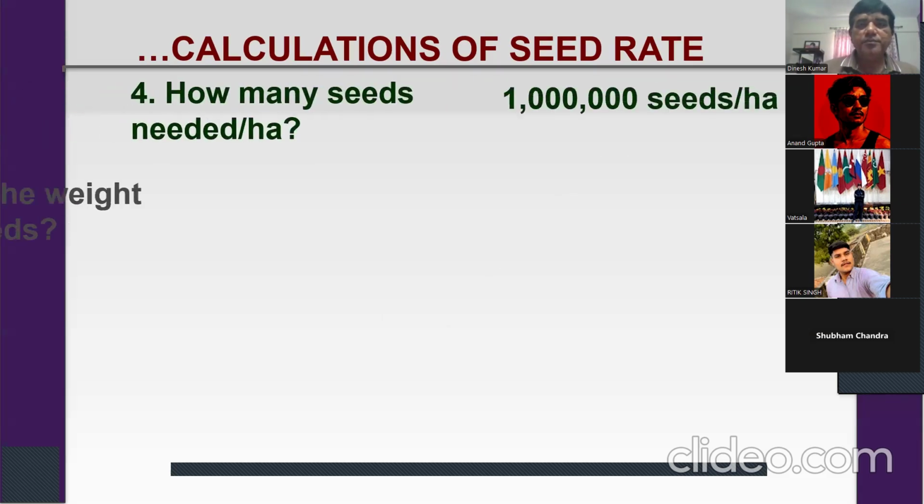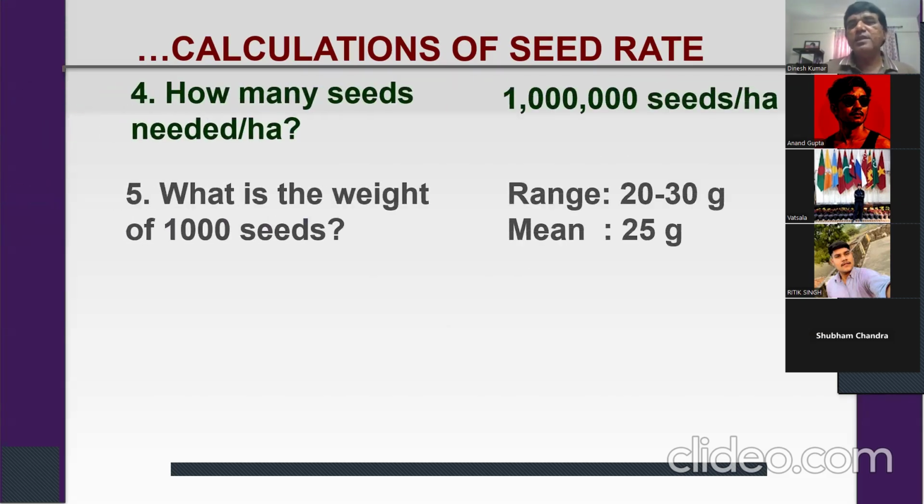So now, in the last case, you have seen we require 10 lakh seedlings. That means you need 10 lakh seeds per hectare. Now we can calculate the weight of 1,000 seeds. Right now we are not adjusting for the germination and mortality; we can adjust it later. So suppose we have 10 lakh seeds per hectare.